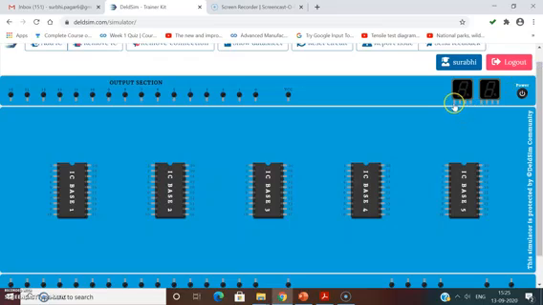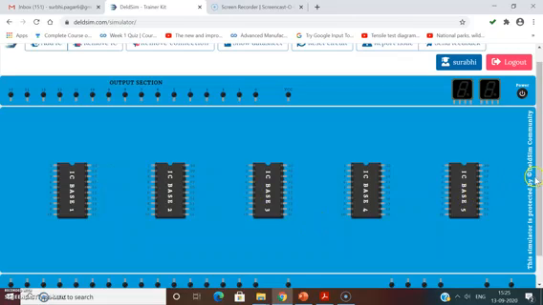In that case you can make a connection to this 7-segment display. To power on the system, this is the power button, and to power off, the same button is used. Each IC base is of 20 pins. So if your IC is of 14 pins, you can also place it here and perform the working.